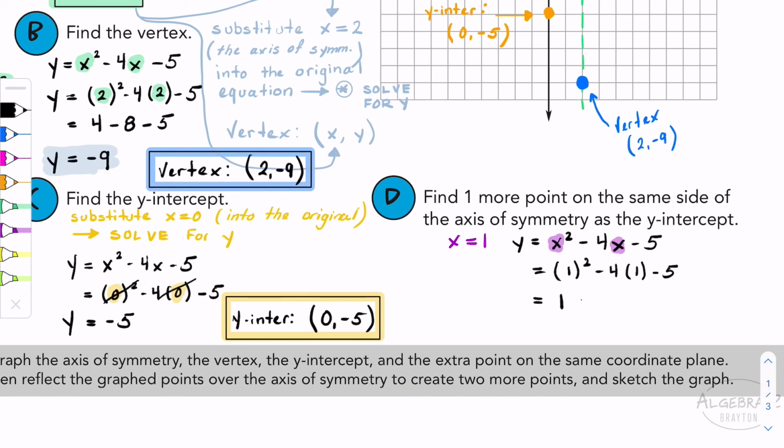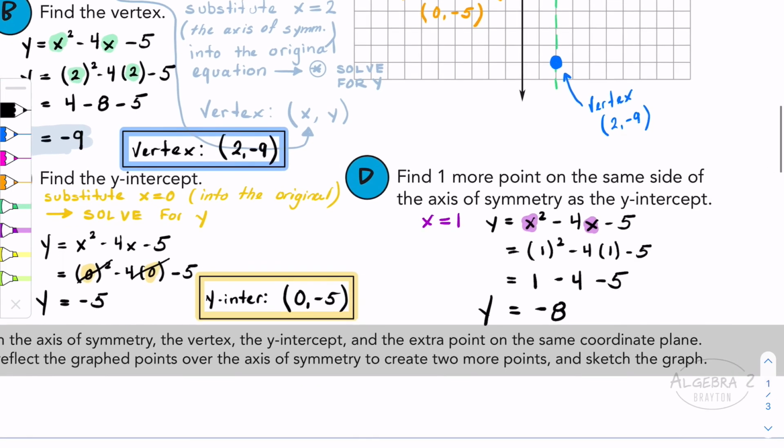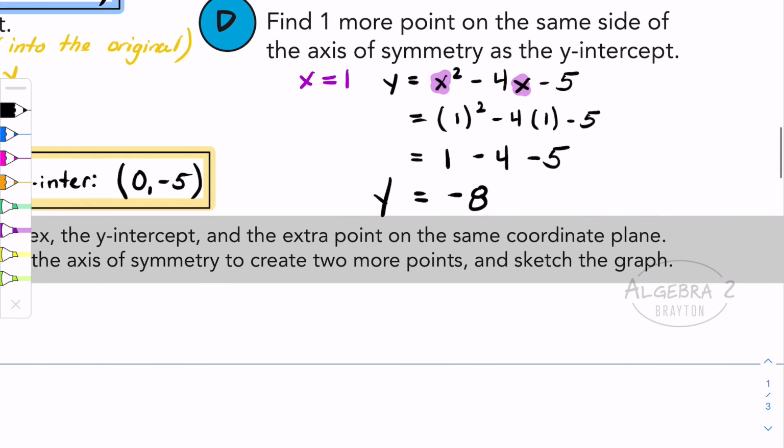We end up with 1 minus 4 minus 5. 1 minus 4 is negative 3. Negative 3 minus 5 is negative 8. Y equals negative 8. So my extra point occurs at 1 for an x value, negative 8 for a y value.